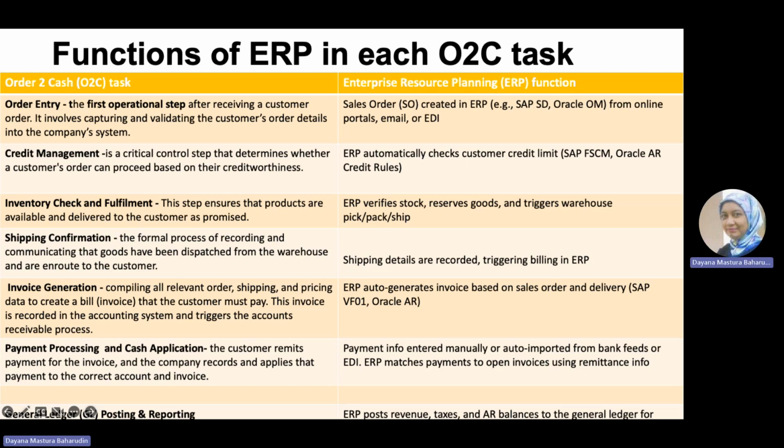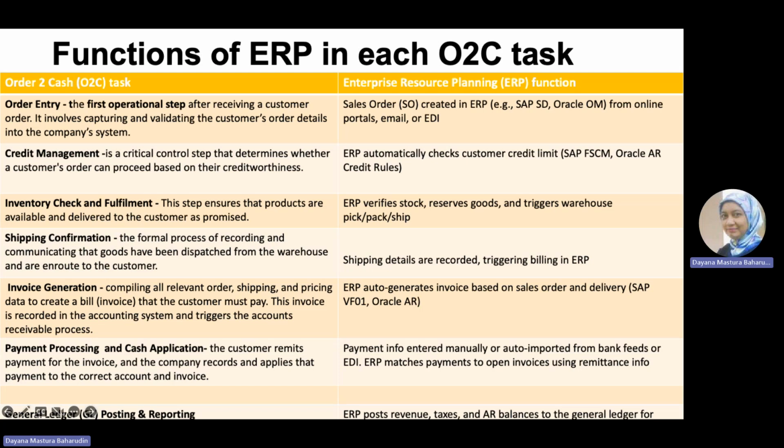So let's have a look at the first one. The order entry is the first operational step after receiving a customer order. It involves capturing and validating the customer's order details into the company system. So the ERP would create the sales order in SAP from online portals, email, and so forth.